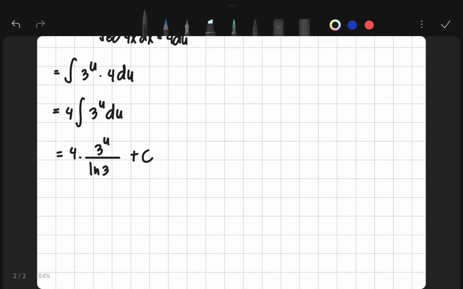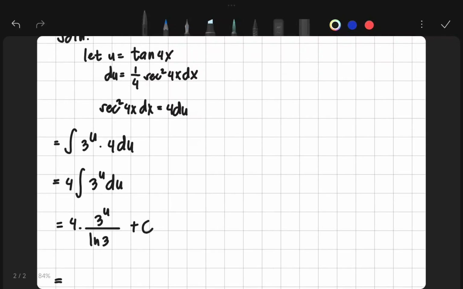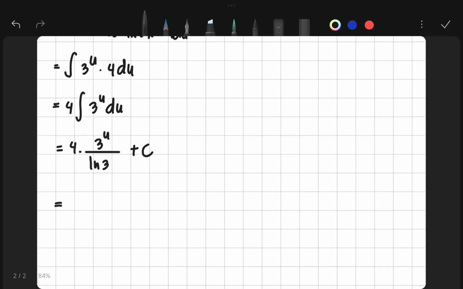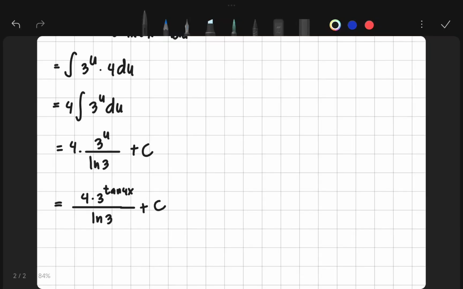After that, we just need to plug back in the original value of u, which is equal to tangent 4x. Note that we cannot combine 4 and 3, so this will just become 4 times 3 raised to tan 4x over ln of 3, plus c. Okay, so there's no further simplification, so our final answer will be this one.